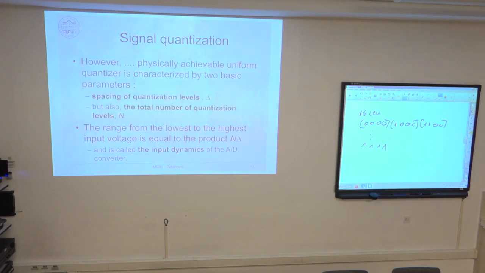Okay, and if I multiply this number of levels with the step size, I get the dynamic range. So what is the difference between the lowest input voltage and the highest input voltage? So what is the total dynamic range of the AD converter?